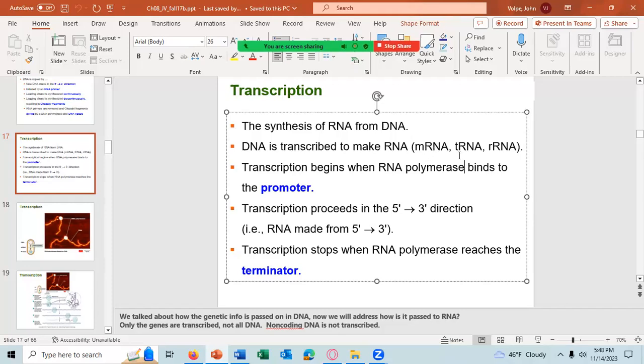And if the gene is being coded as tRNA, it's only the sequence of the RNA nucleotides that makes it a tRNA. There is no difference between the RNA, a messenger RNA, tRNA, and rRNA, other than the sequence of the nucleotides. Any question about any of that? That's kind of important in genetics, but to you guys is not that critical.